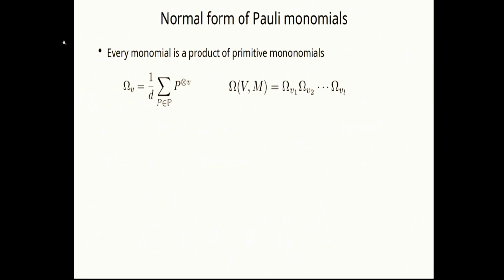Now, using those rewrite rules, we can also get to a simple form. Essentially, we can show that every monomial can be written as a product of primitives. So primitives, again, were just one single Pauli, and we can write everything as a product thereof. So this phase matrix M that I defined is not necessary to generate the entire commutant.